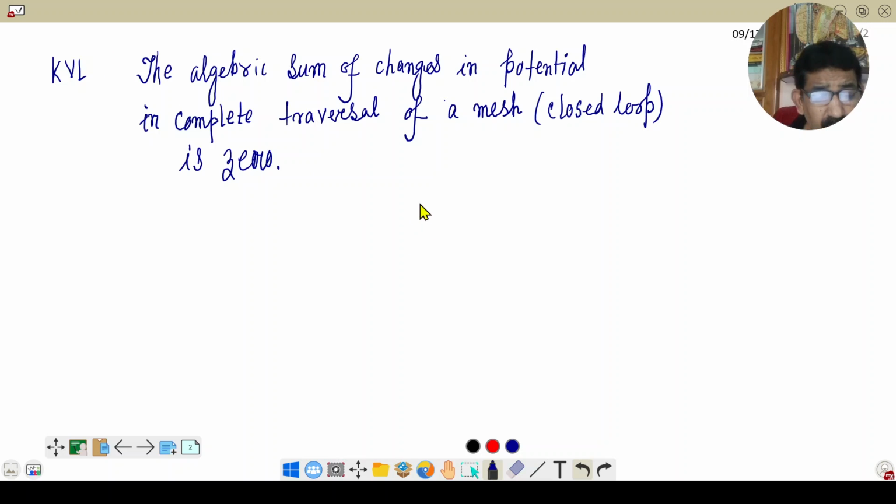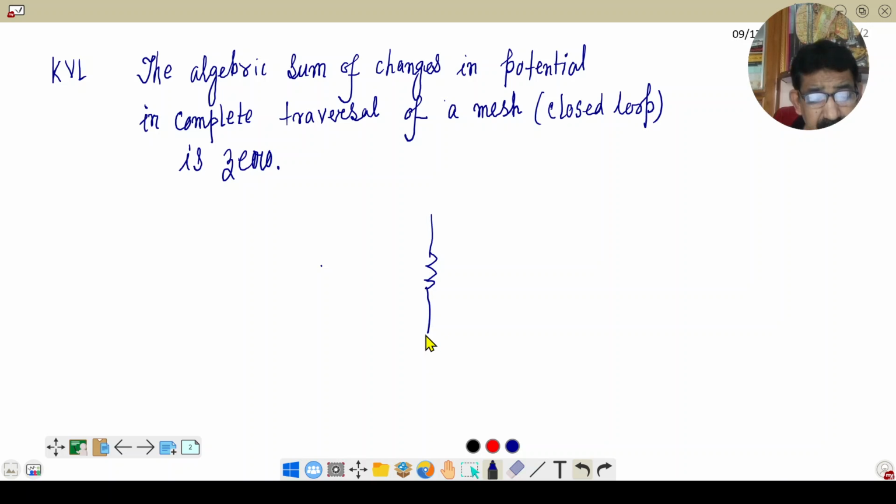Now we have to draw a circuit, and this circuit will show you what is a mesh or closed loop. Suppose there is a circuit like this.